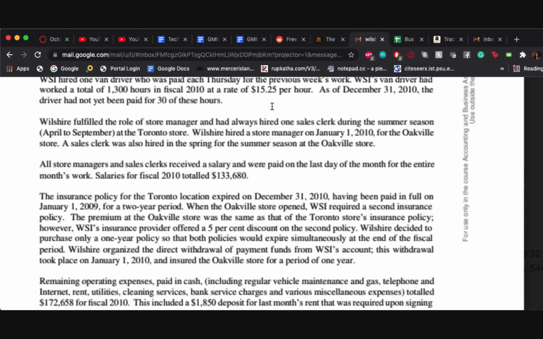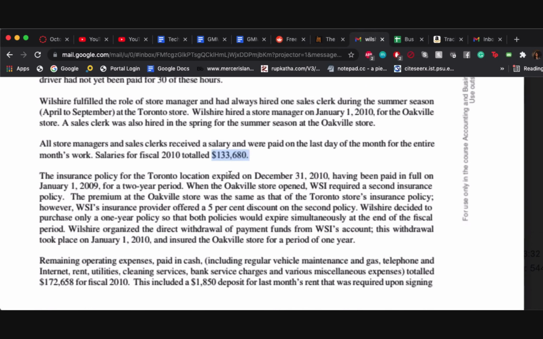But if they don't give you the information in the footnote, and they don't give you any information in the exhibits, you can safely assume that the next number you see is the only number you need to mess with. So it says salaries for fiscal 2010 total this much, you just put that in.